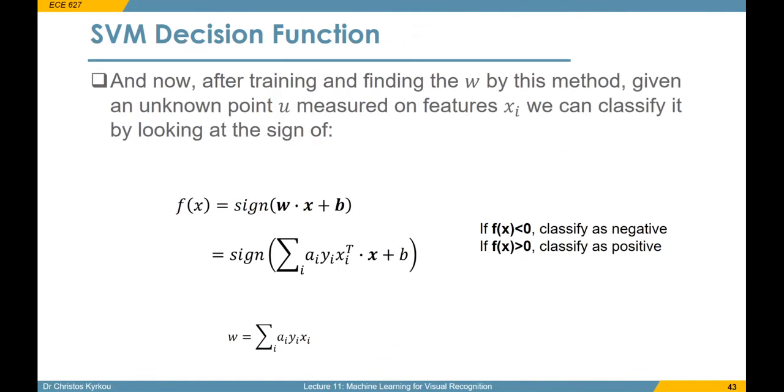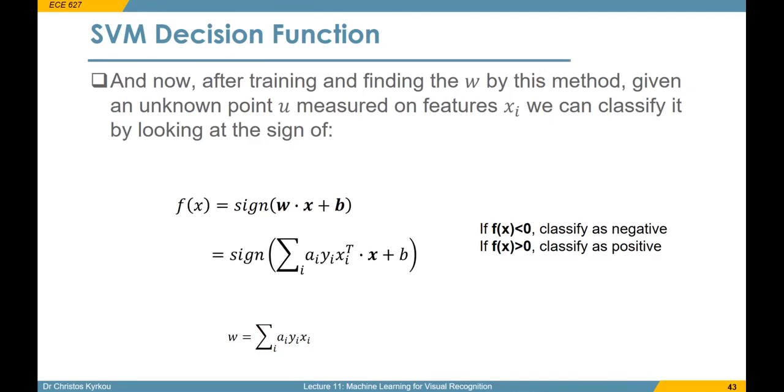So if we write down the classification equation of the support vectors, it's given by the same formulation as the linear classifier. So we have w times x plus b. If we substitute w with the linear combination of the support vectors, we can rewrite it as shown there.